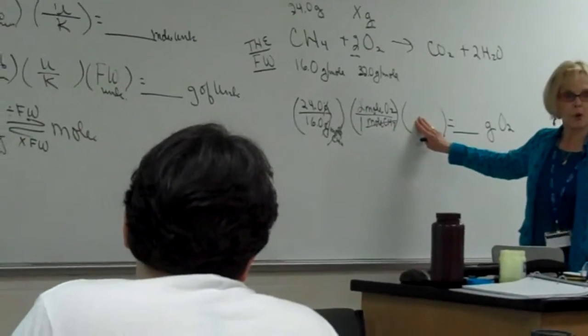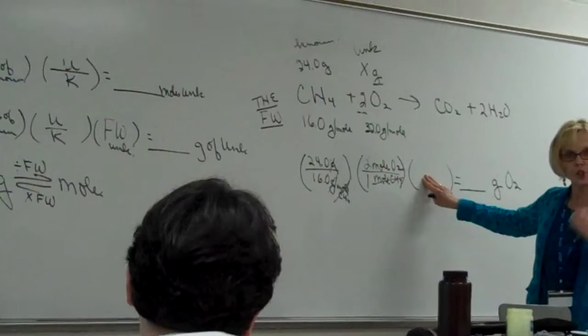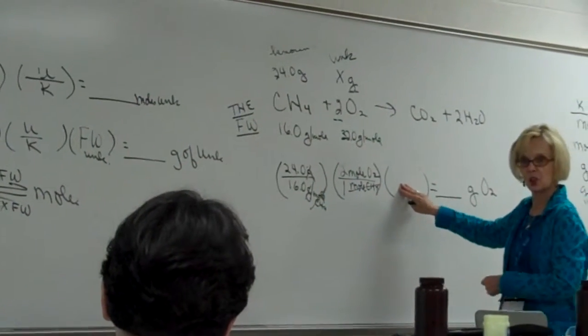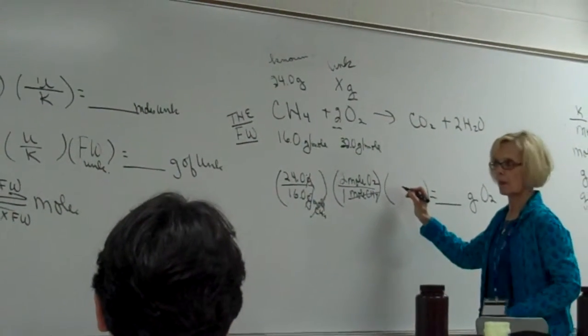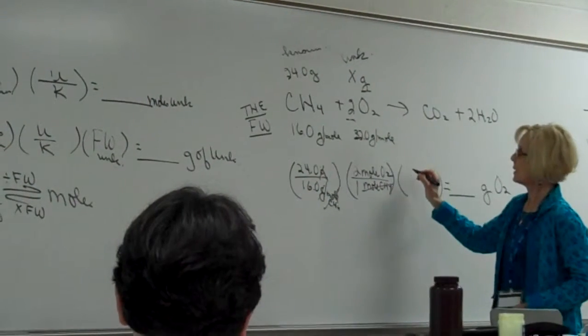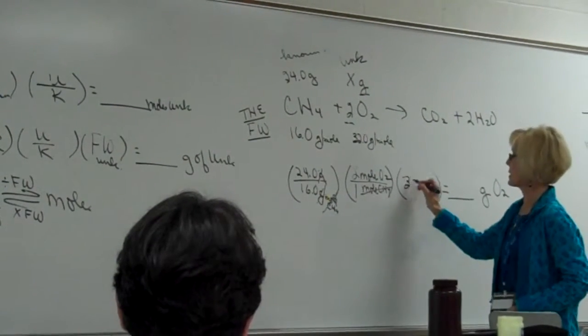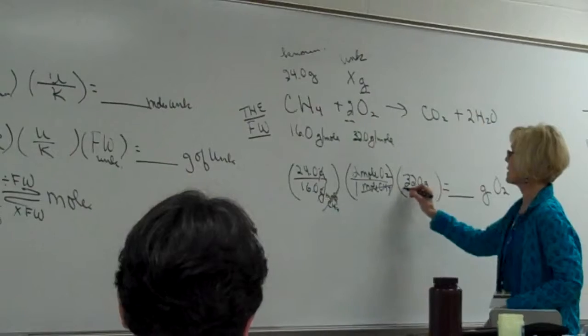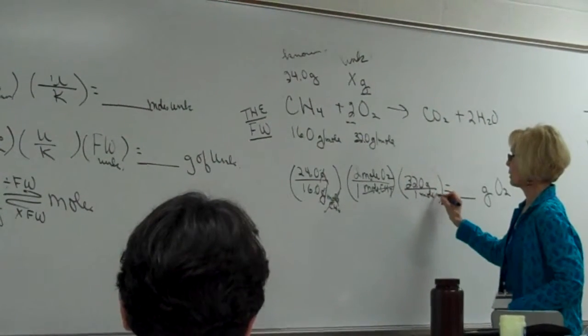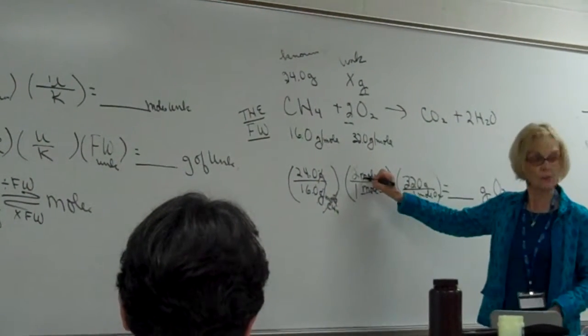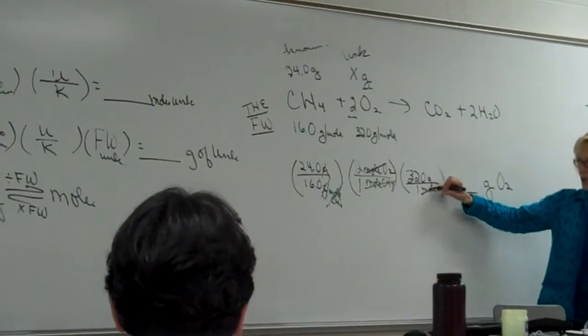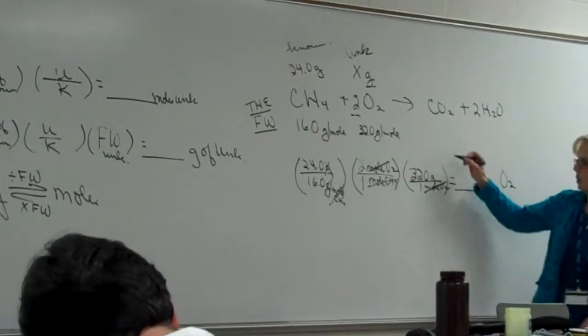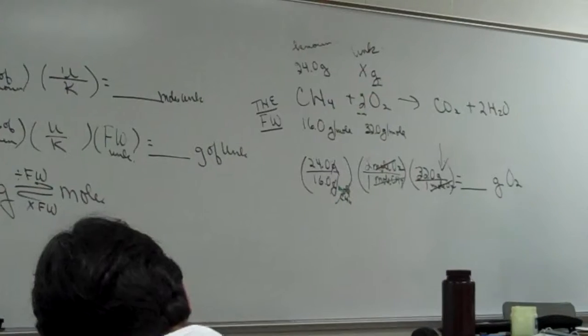Okay, so I've got moles of O2 and I want to crank it into grams of O2. Marco, what do I do? Times 32. Yes, 32 grams per 1 mole of O2. Now look, moles of O2 cancel with moles of O2, which leaves grams of O2.